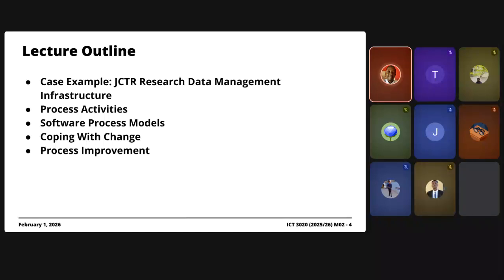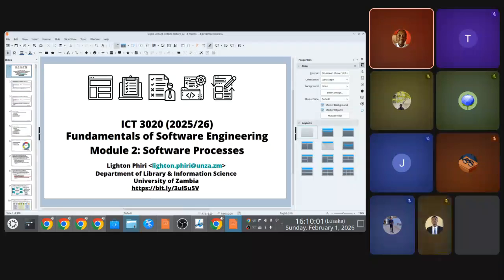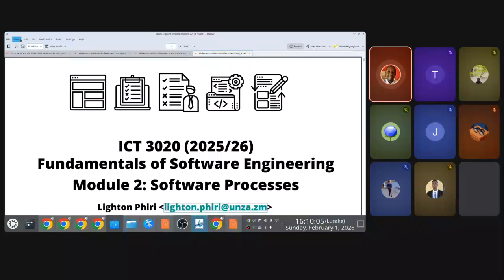I thought I would use an example of a project that I was involved with. I almost always use real-world examples that I'm associated with to give us a sense of what the module is about before we actually start looking at software process activities. And then after our discussion of software process activities, we're going to start looking at software process models, ideally.